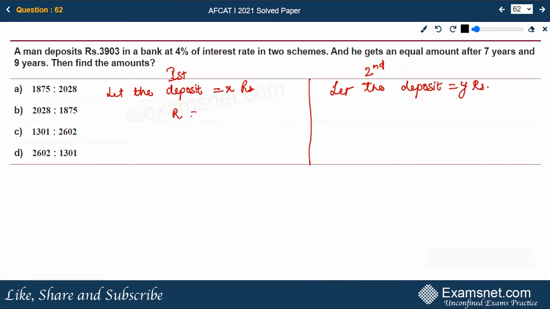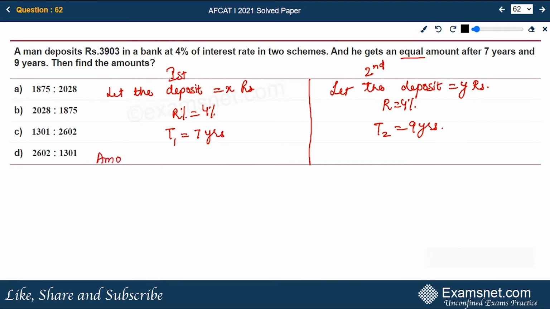Rate of interest is same in both the cases, which is 4%. For the first scheme, the time is 7 years. And for the second one, the time is 9 years. It is said in the question that he will receive equal amounts after 7 and 9 years.